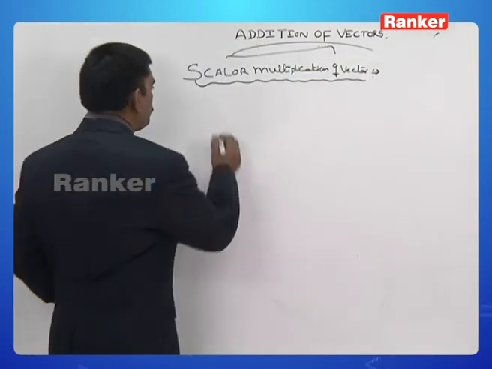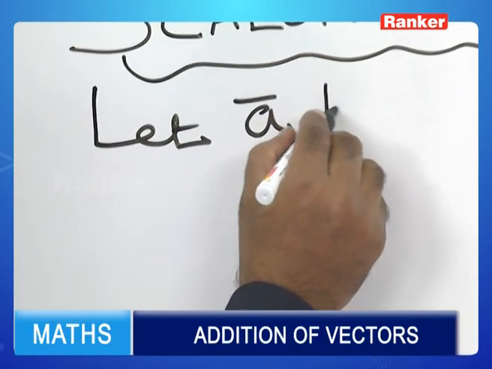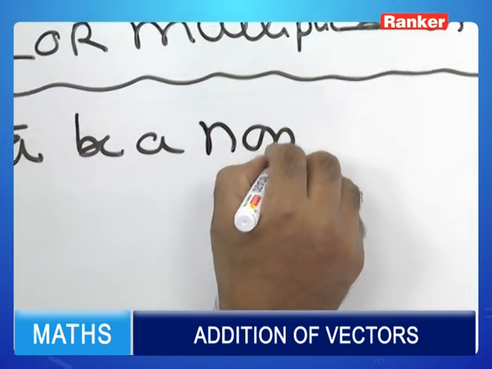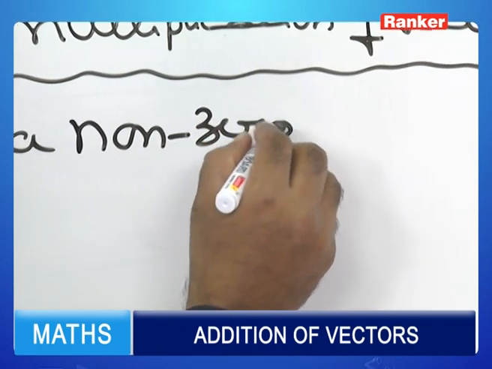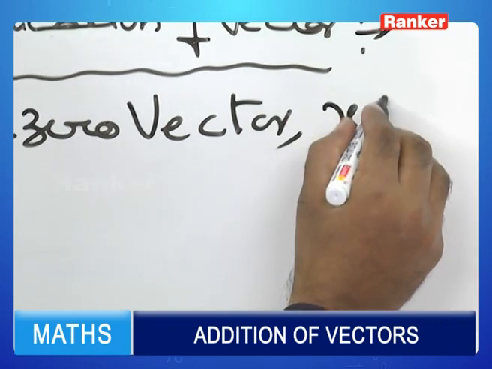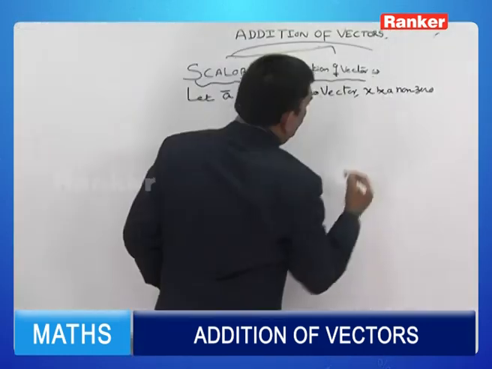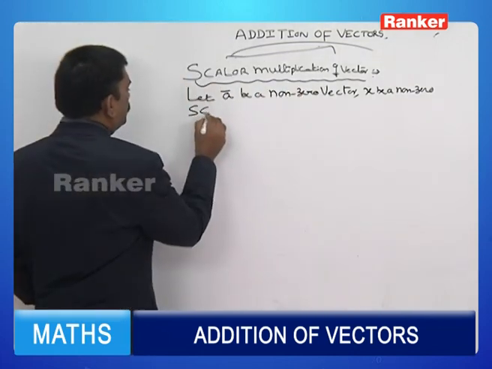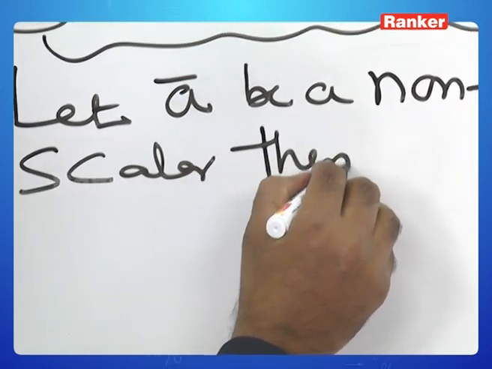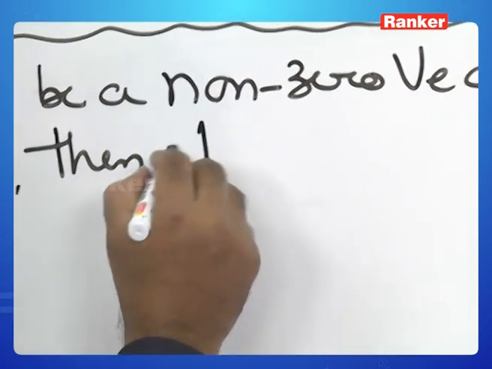I start, let A bar be a non-zero vector, X be a non-zero scalar.